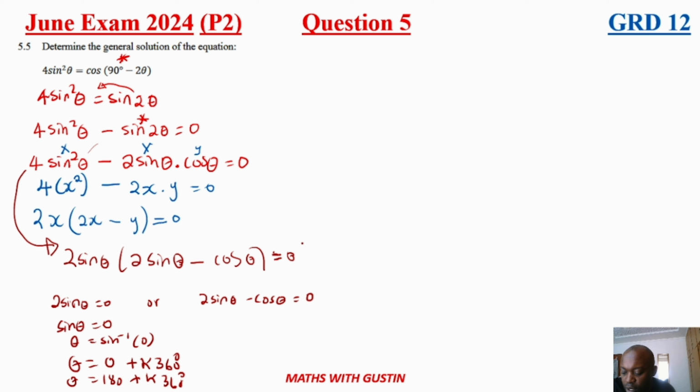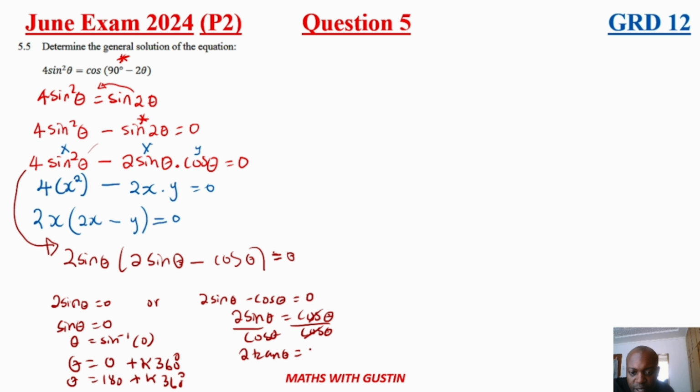All right. So therefore in this case, guys, on the other side, you can take cos to that side. So you're going to be left with 2 sine theta is equal to cos theta. Therefore you divide by cos on both sides. They like bringing this one a lot, especially in grade 12. You divide by that. So here you're going to have tan, sine over cos, is equal to tan.